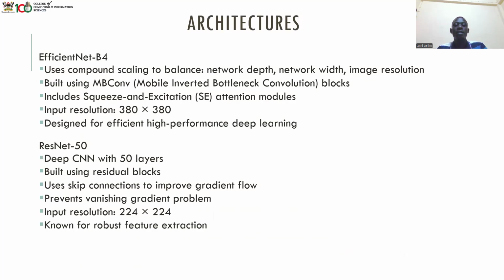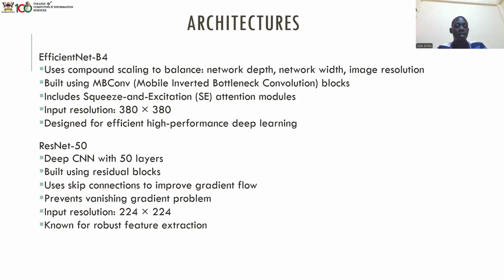It's built on multiple mobile inverted bottleneck convolution blocks, all following a hierarchy until we form what we call a fully connected layer, which will contain our four classes. So it's designed for high performance deep learning.